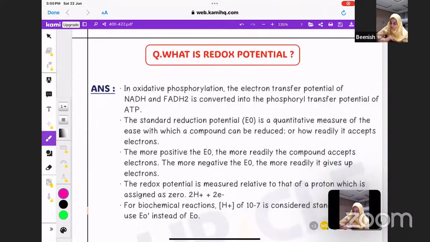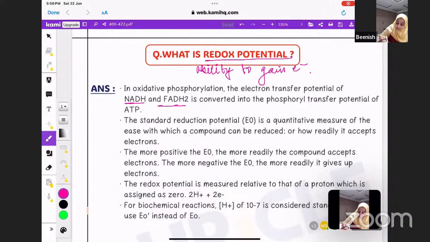Now what is redox potential? As we've already discussed, redox potential is the ability to gain electrons. In oxidative phosphorylation, the electron transfer potential of NADH and FADH2 is converted into phosphoryl transfer potential of ATP.